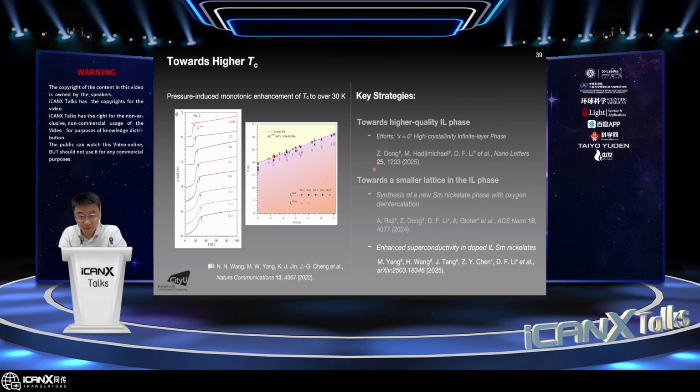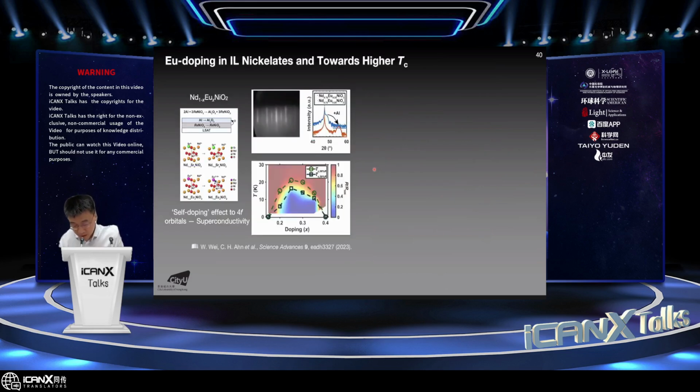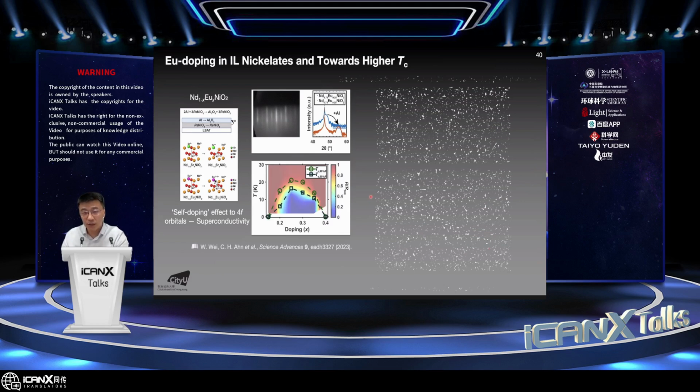Some early examples that are beneficial to our research include research done by Charles Ahn's group at Yale University, where they utilized europium as a dopant in the infinite-layer system, where they could find a very nice superconducting dome, showing introducing europium dopant could lead to superconductivity, as well as more recent examples.